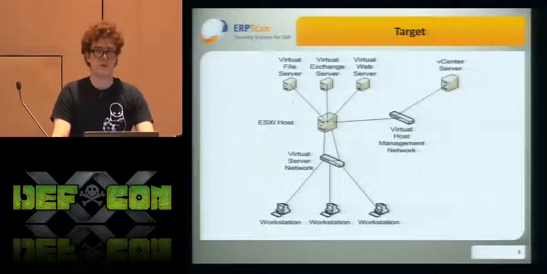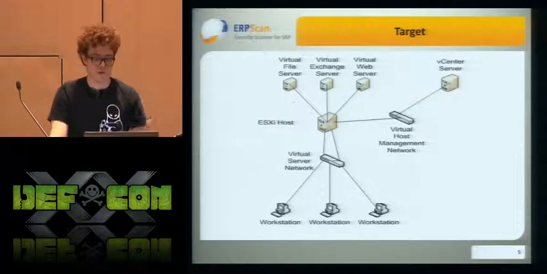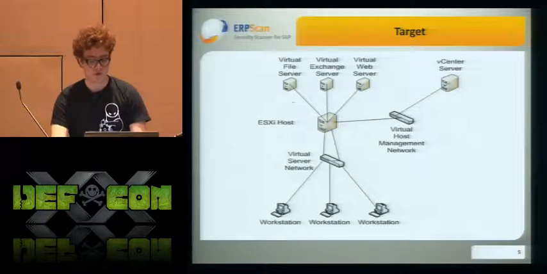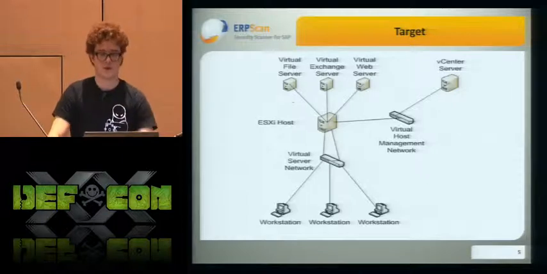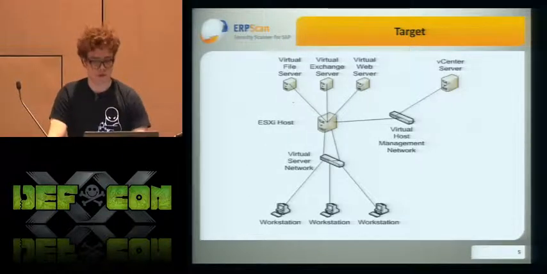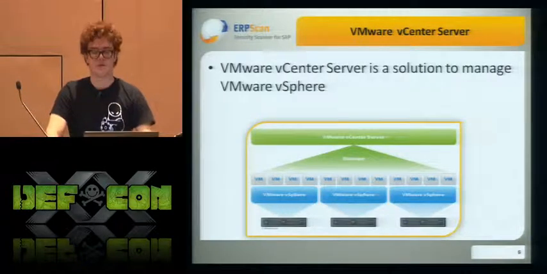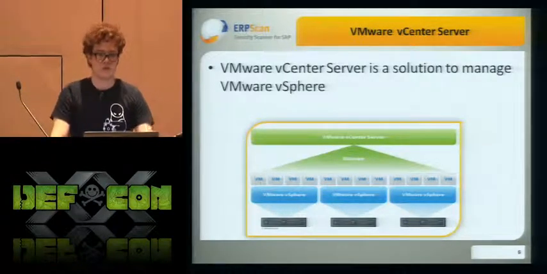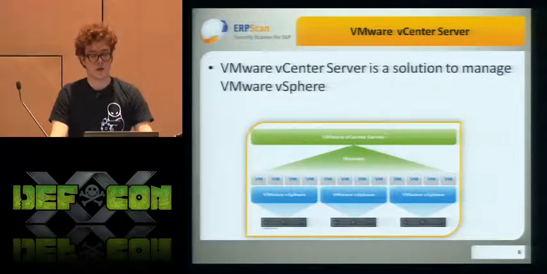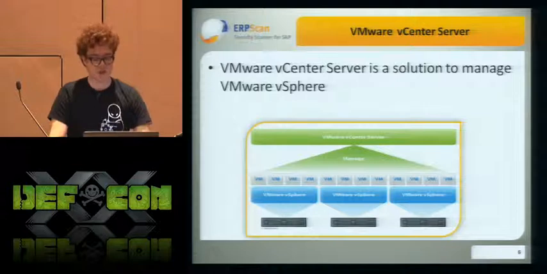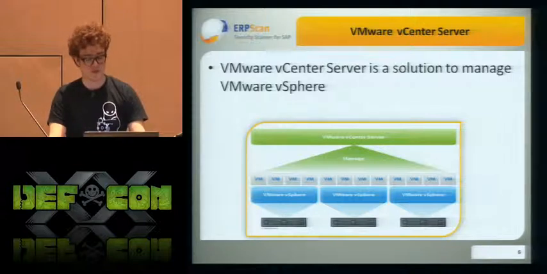All seemed pretty secure, all patched up with the latest updates. There was no default password or anything stupid, so we decided to try to attack the vCenter server, because vCenter is a solution to manage vSphere. So if we can hack vCenter, we can hack all the VMs and all the infrastructure.